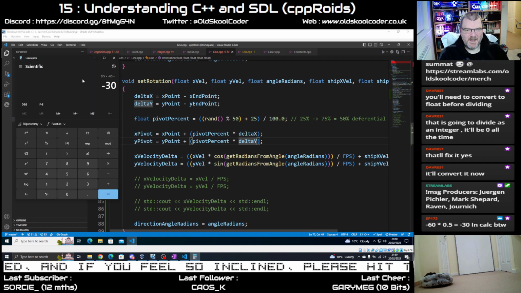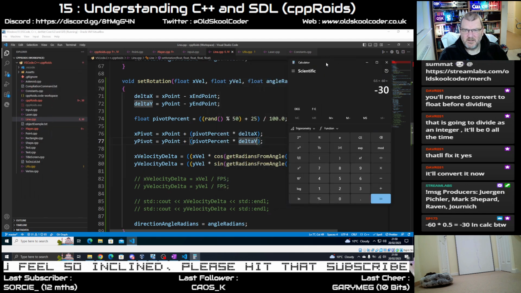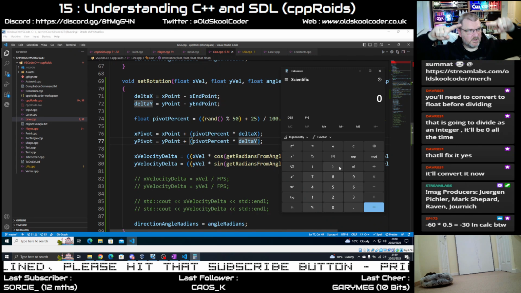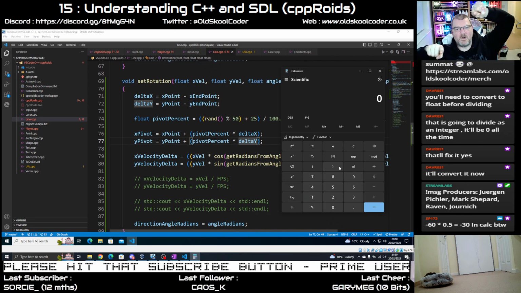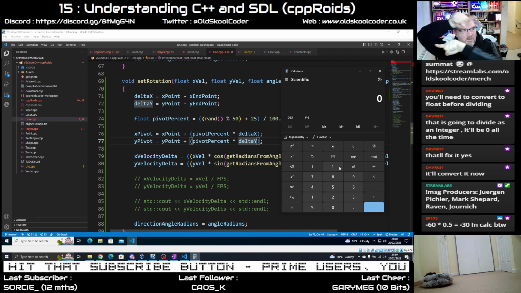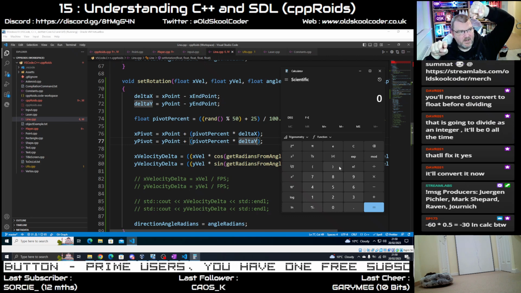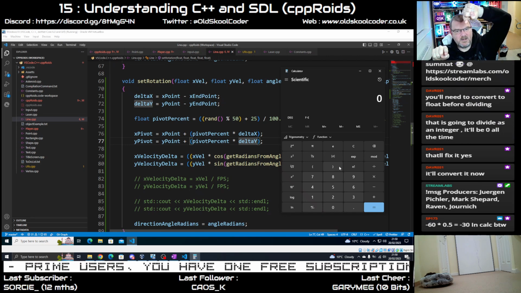Right, let me just explain what I was doing there. Our delta could be a negative number, because x1, y1 and x2, y2 could be the wrong way around. If our x point and y point are at 10, 10 and our end point is at 100, 100, we end up with a positive delta of 90, 90.